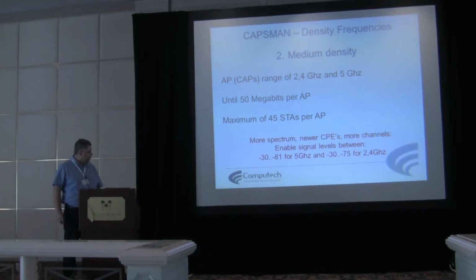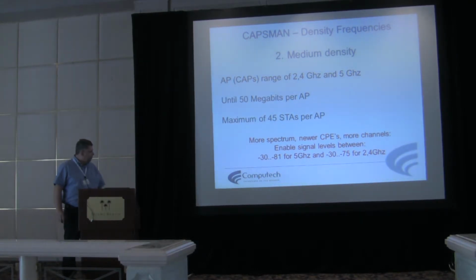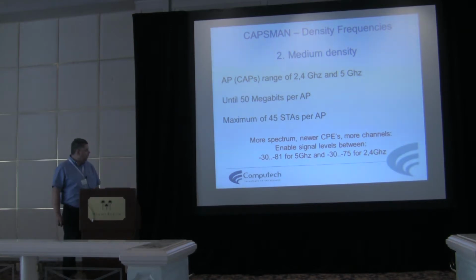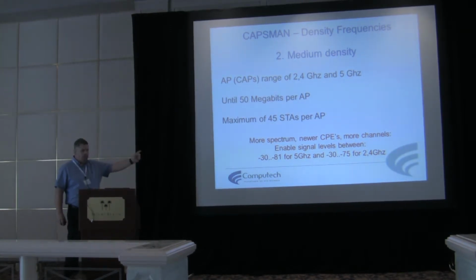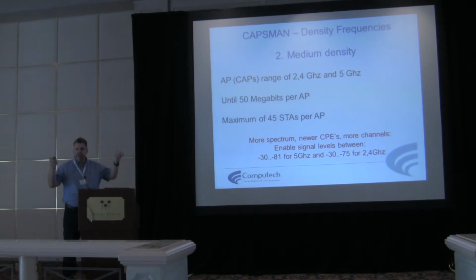Enable signal levels between -30 to -81 in 5 gigahertz, and keep -75 in 2.4. So even using a higher frequency, you have to be 6 dBm more sensitive than in 2.4 to compensate for the higher frequency. So the coverage area is almost the same, almost.